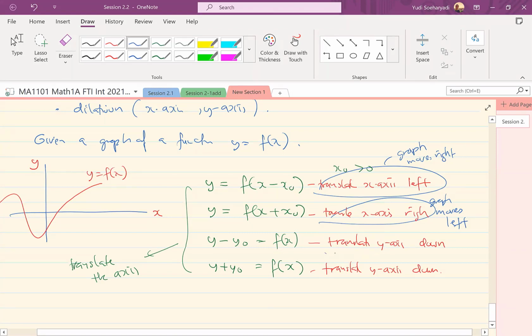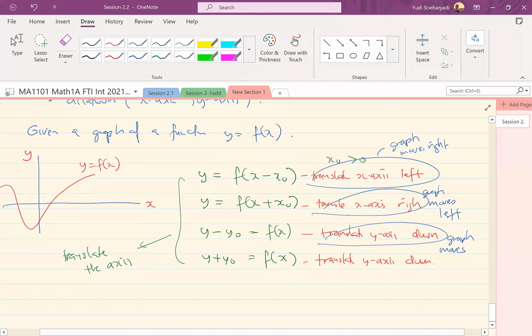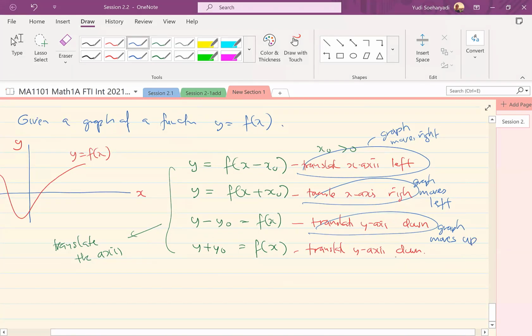The axis down, the graph moves up, and this graph moves down. Okay.